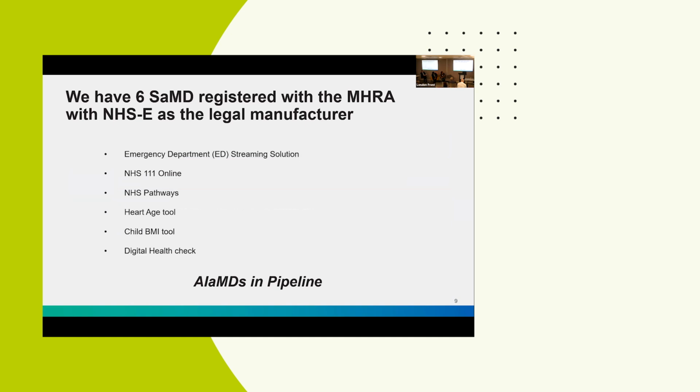We have some calculator tools available on nhs.uk, which are qualified as medical devices. The latest addition is a product called Digital Health Check, which sits side by side with the face-to-face health checks that we do at our GP practices. That's a new product, again registered as a medical device. And we have a couple of AI medical devices which are in the pipeline. Any AI product falls within the software medical device definition.